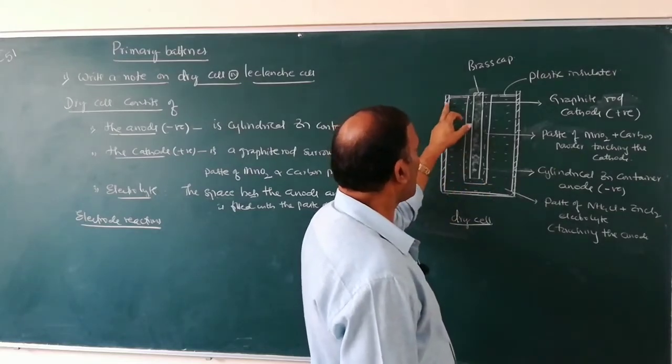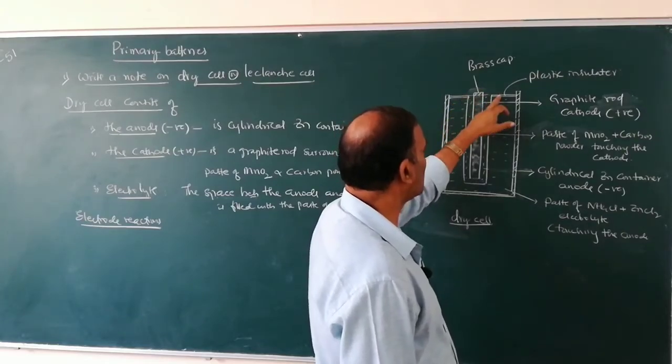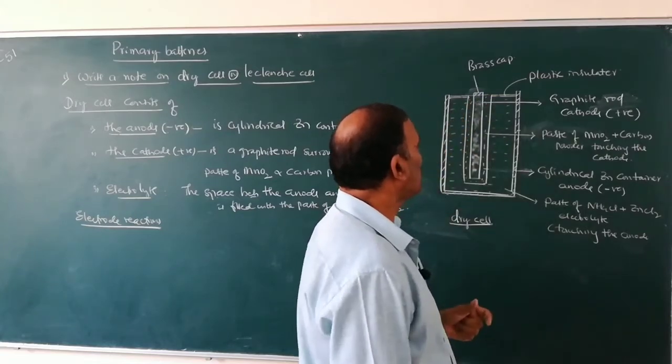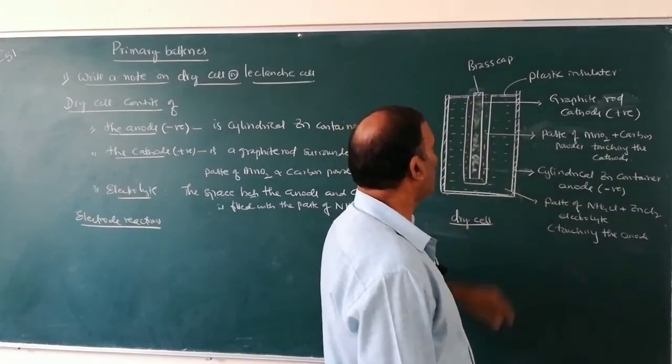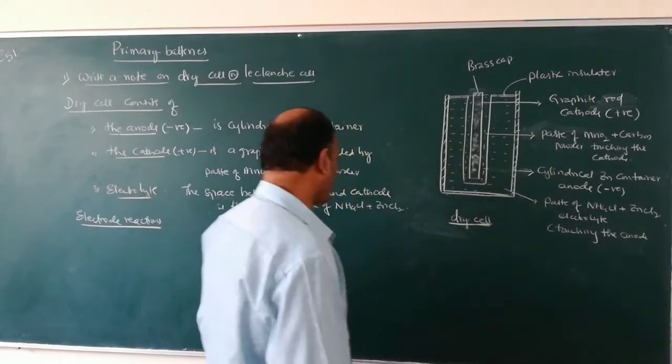The anode and cathode are separated by a plastic insulator, this is the cover, and there is a brass cap at the tip of cathode, and this is the description of dry cell.